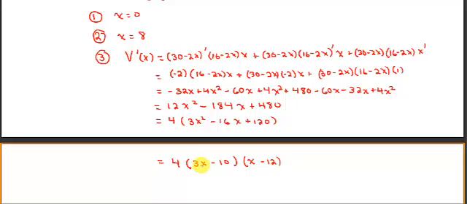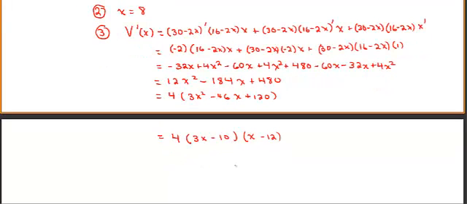Let's just double check that. 3x times x is 3x squared, and 3x times negative 12 is negative 36x, minus 10x is negative 46x. And then negative 12 times negative 10 is 120, so that's right.